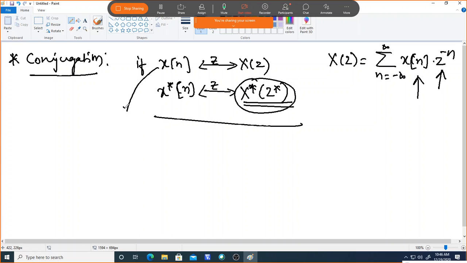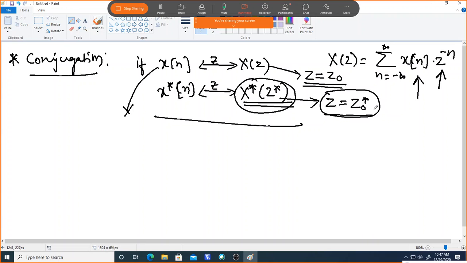Now if X of z has a pole at, say, z equal to z naught, then if you take the complex conjugate, the pole shifts to the conjugate value, that is z equal to z naught star. That will be the conjugation property.